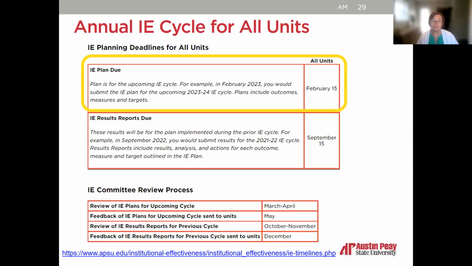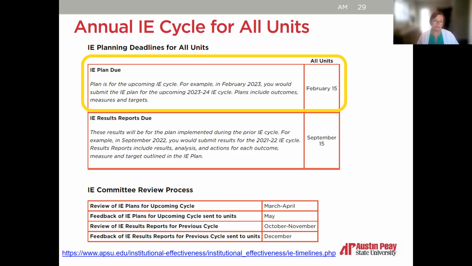And then once you submit this 23-24 plan in February, they will review those as well and provide you feedback that we will aim to get you by May. And then over the summer, we encourage you to make improvements to your plan based on that feedback if you feel like that's necessary, and then resubmit your plan to us by the start of the next academic year or fiscal year, whatever is most relevant to you.